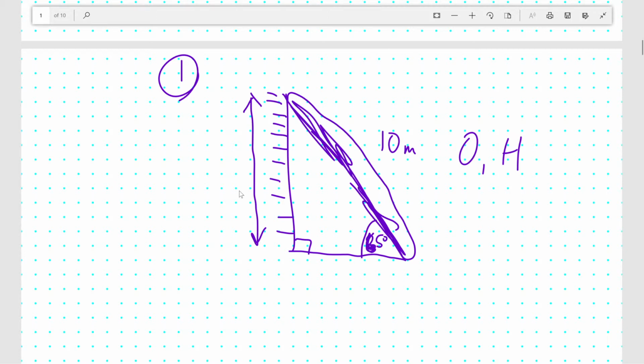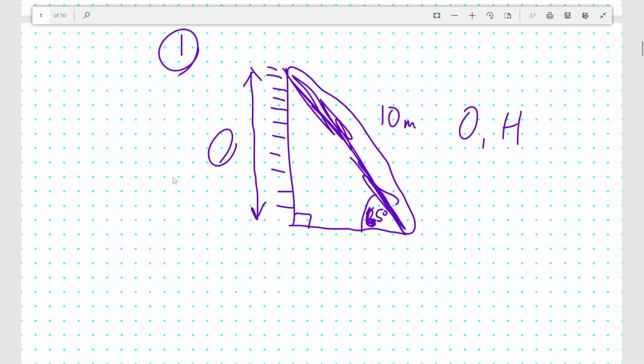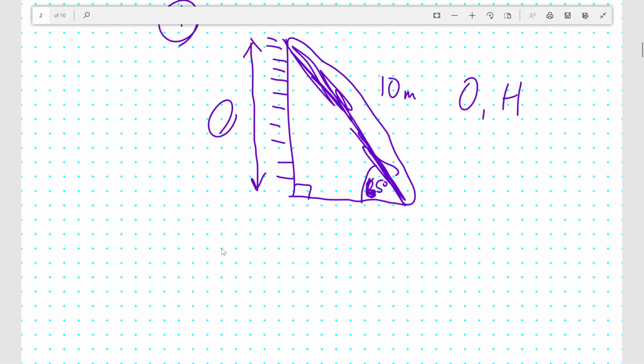Let's name this side O because it's the opposite. We take that sine of 65 is going to be the opposite over the hypotenuse, or rather O over 10 meters.